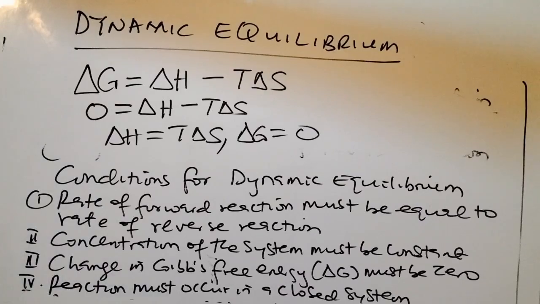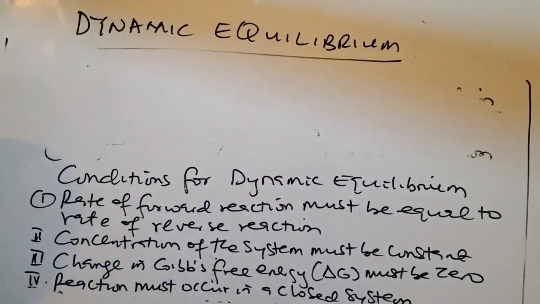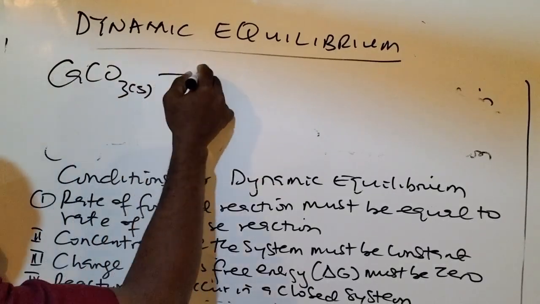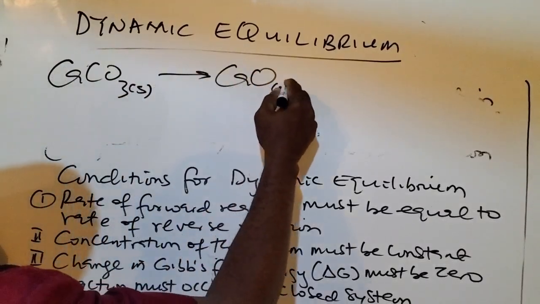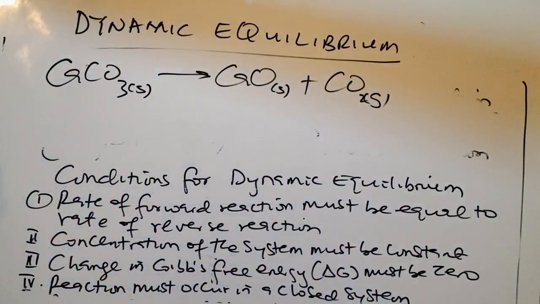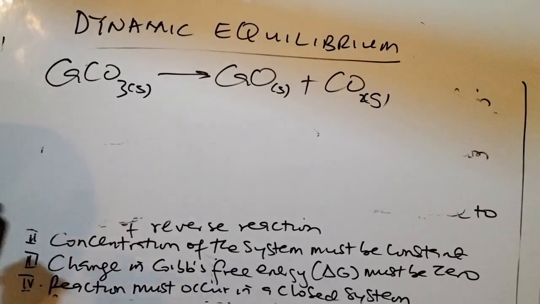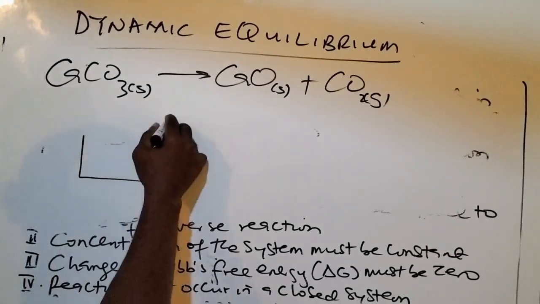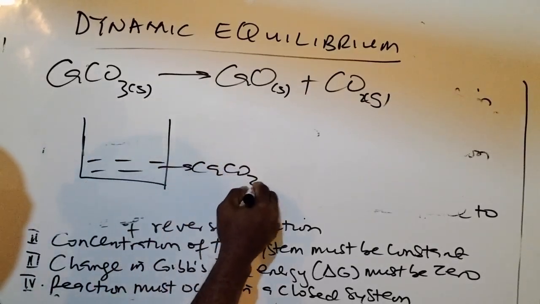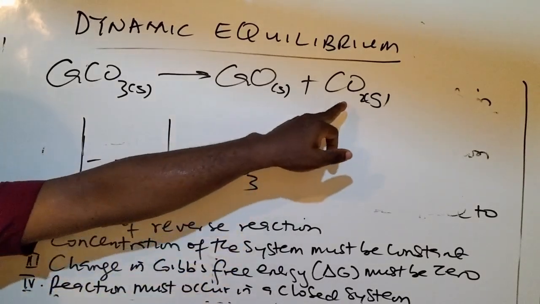What do I mean by a closed system? Let's look at this reaction, for instance. When you heat calcium carbonate, it breaks down to give you calcium oxide and CO2. So if this reaction is performed in an open vessel where you are heating the calcium carbonate, this reaction can never attain equilibrium because one of the products is gaseous.